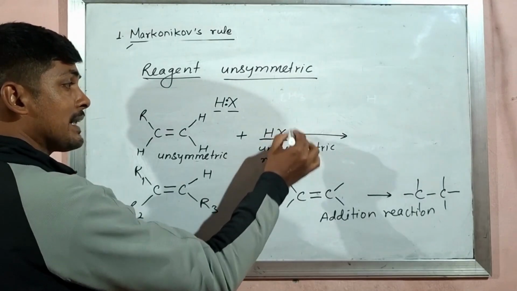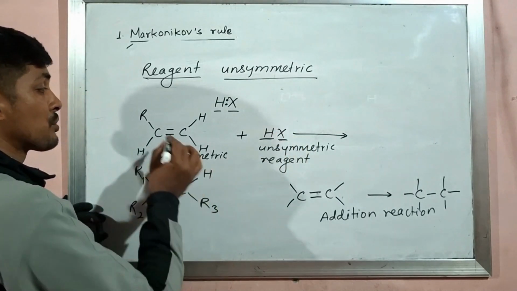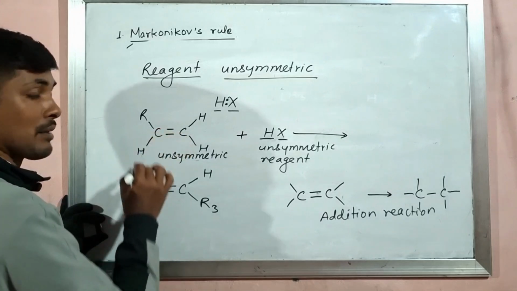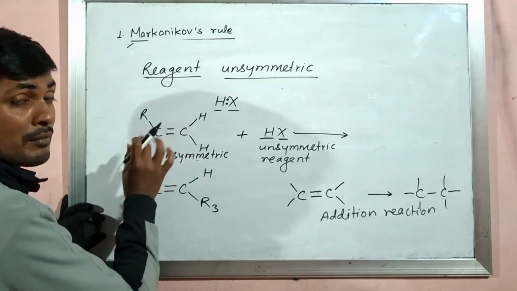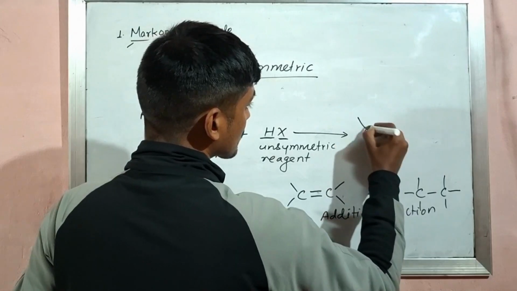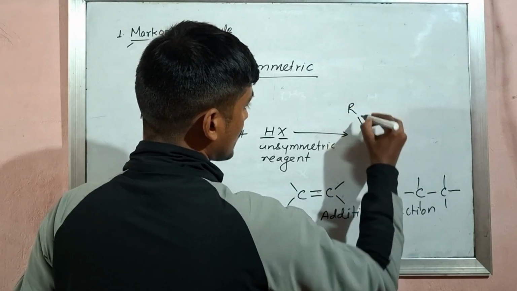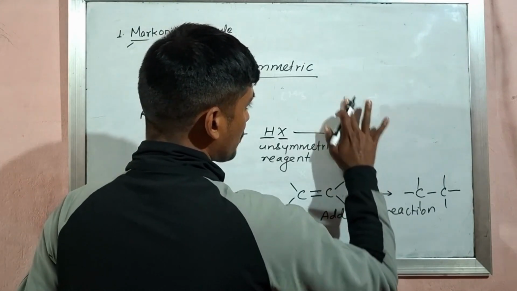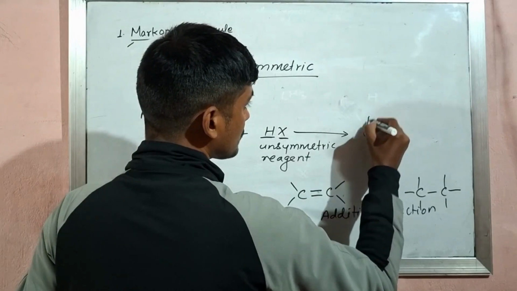Then the negative part is attached to the more substituted carbon when the bond breaks. It forms a new product like this.